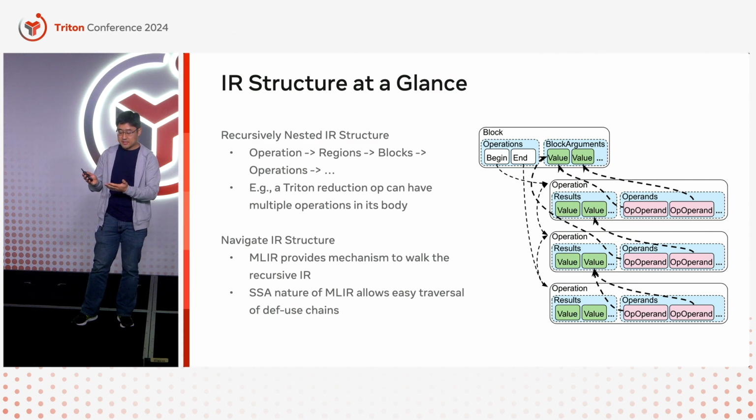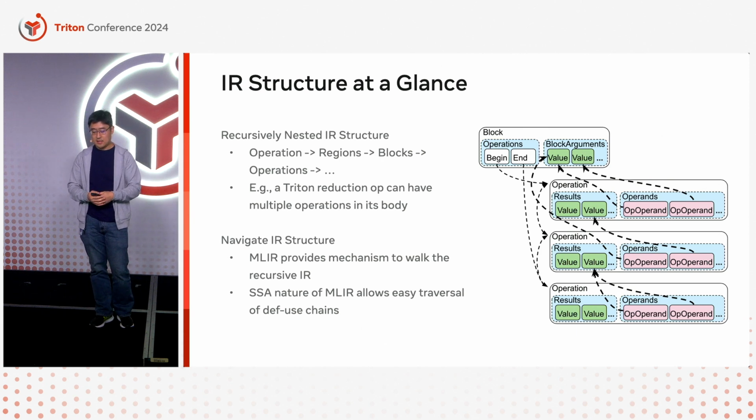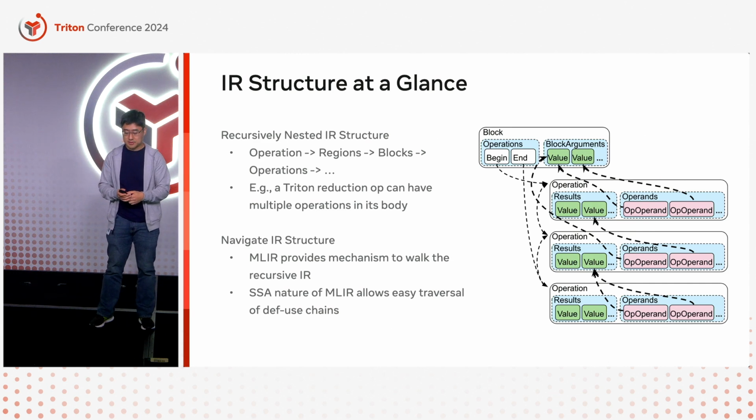So in this specific example, we have a block, which again contains many operations. There's a begin and end pointer that marks the first and last operations in the block. A block can also have multiple block arguments. Within the block, we can again have multiple operations. Each operation can consume one or multiple operands, and it could produce multiple results.